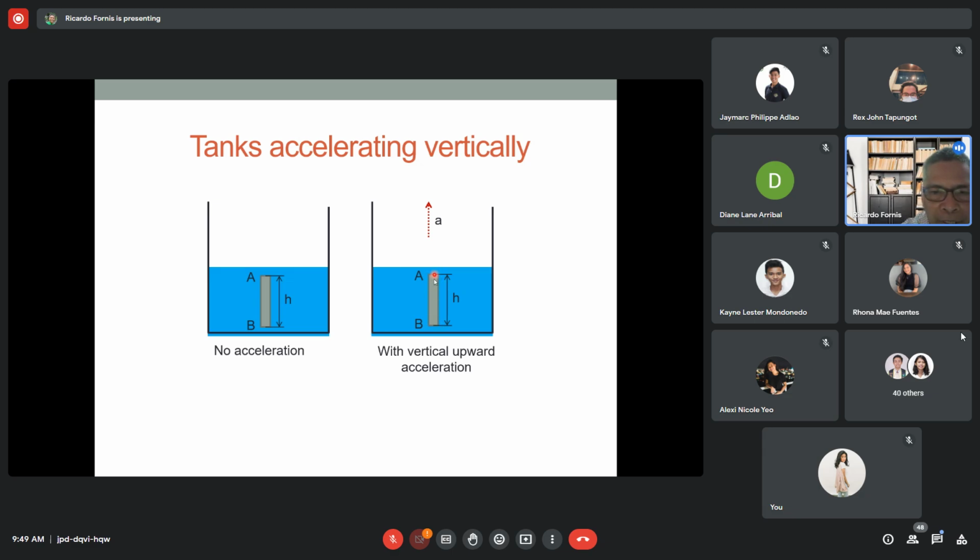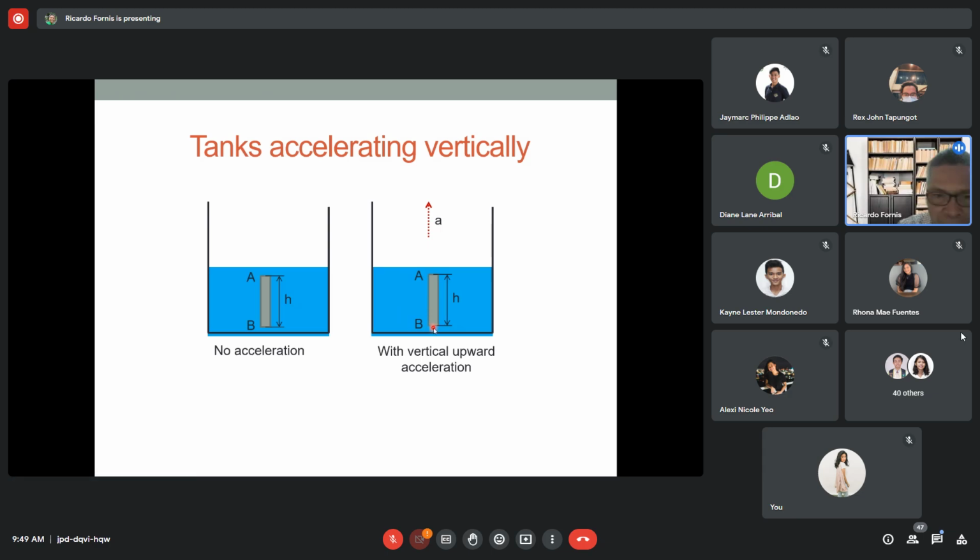This time we consider a prism of fluid or liquid, the length of which is h, and the top cross-sectional area is indicated as A. The bottom cross-sectional area is B. But because we are considering this as a prism, the cross-sectional area is constant all throughout.